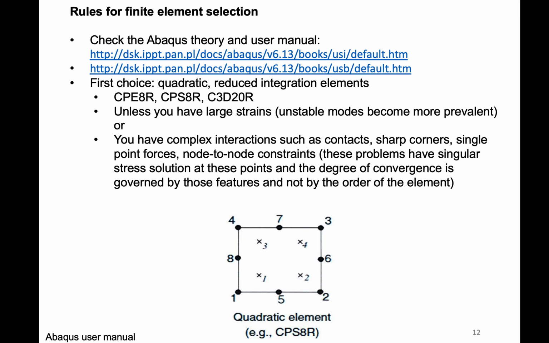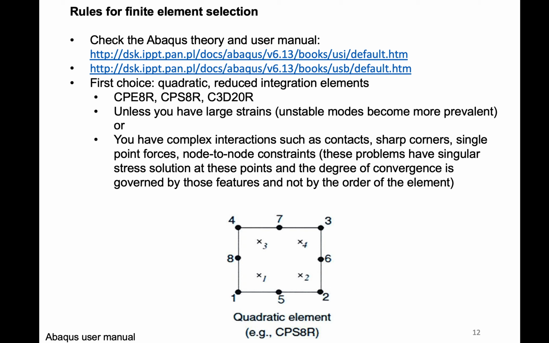So, for plane strain or plane stress or for 3D, the CPE8R, that's the continuous plane strain formulation, quadratic with reduced integration, CPS8R, that's the plane stress quadrilateral with reduced integration, and C3D20R, that's the hexahedra, so that's the 3D cube with 20 nodes with reduced integration.